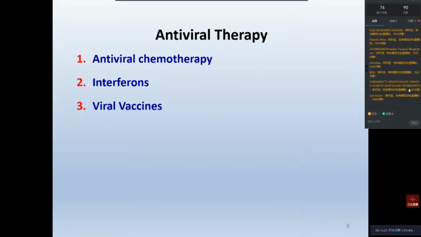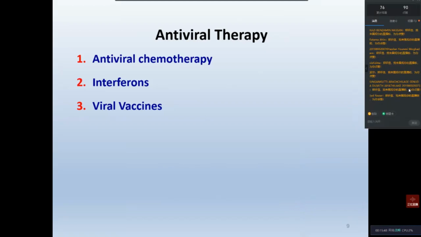We can use either nucleoside or nucleotide analogs to interfere with the viral nucleic acid synthesis. We can use reverse transcriptase inhibitors to inhibit the reverse transcription, like for RNA, for HIV.